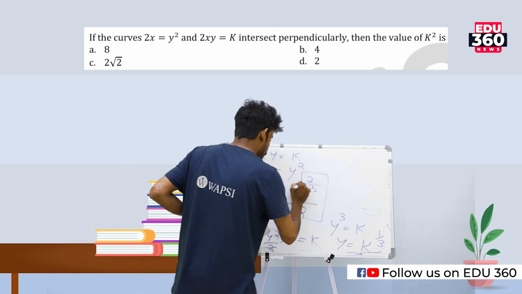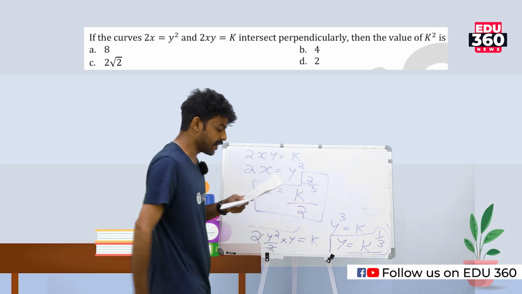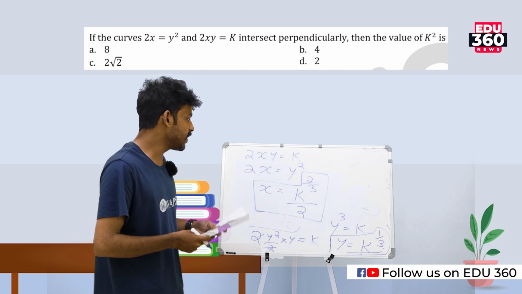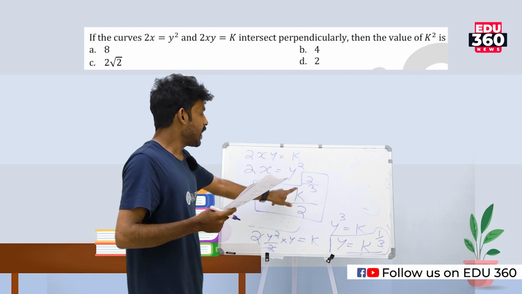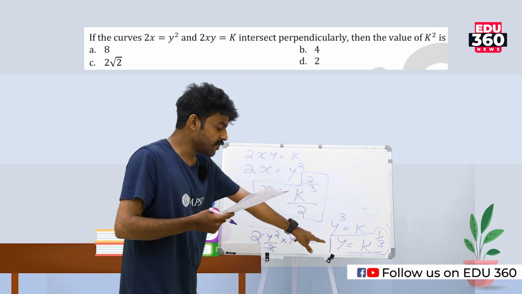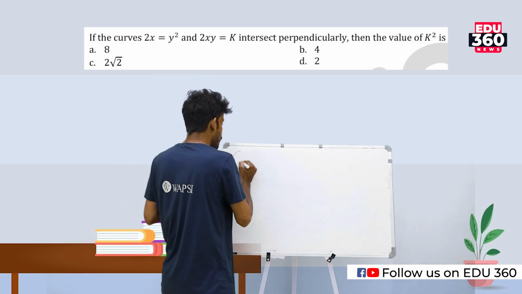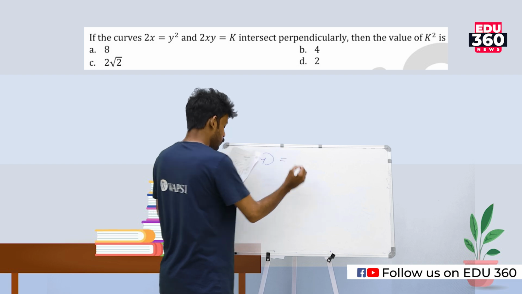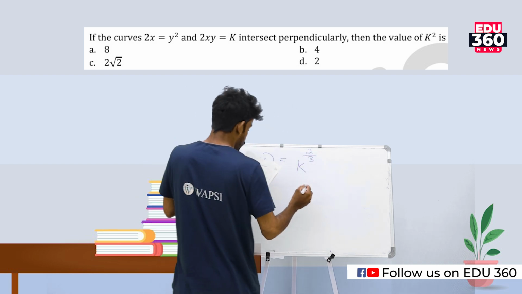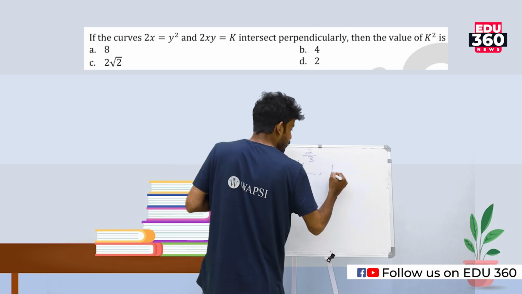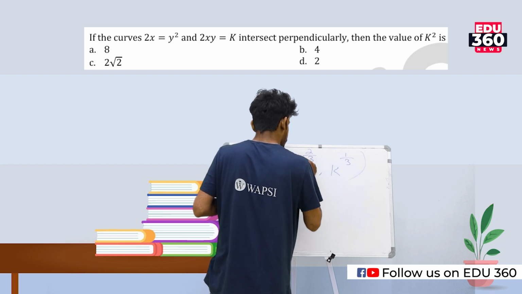So this is the value of x, and y = k^(1/3). We can write the ordered pair: x = k^(2/3)/2 and y = k^(1/3).